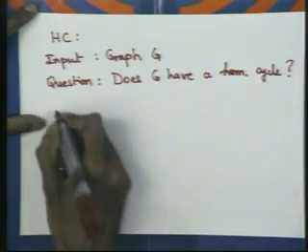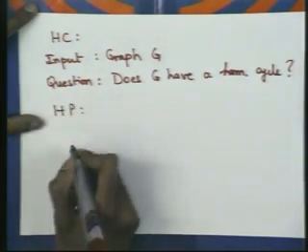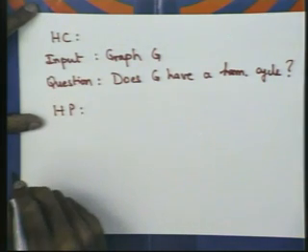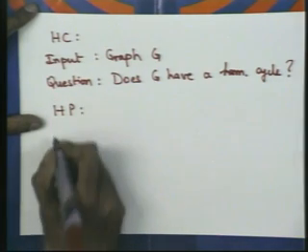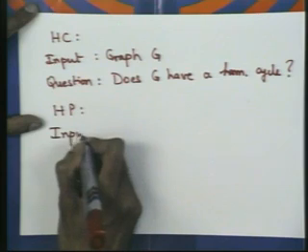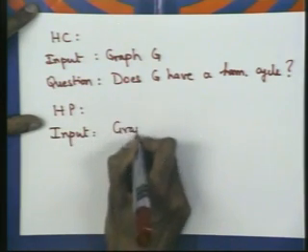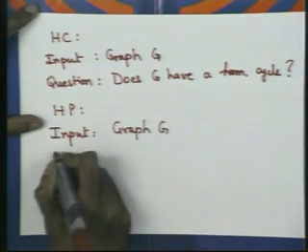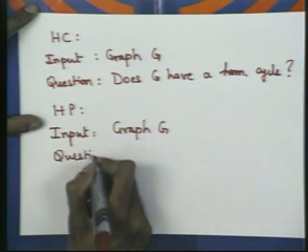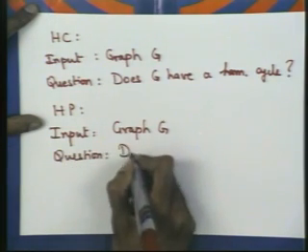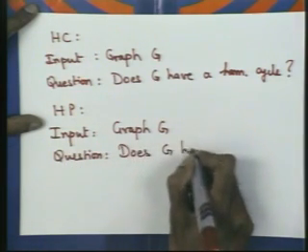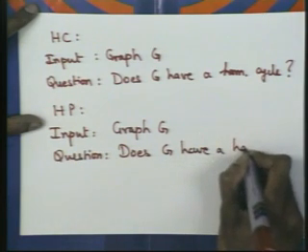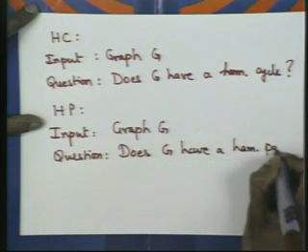This is problem HC. Similarly, I have a problem HP, not to be confused with Hewlett-Packard. Input is a graph G. The question: does G have a Hamiltonian path?